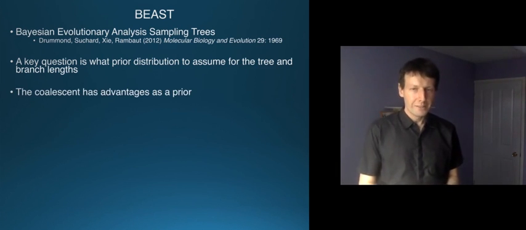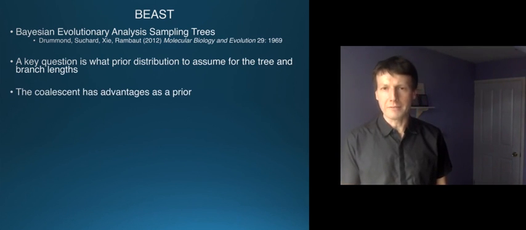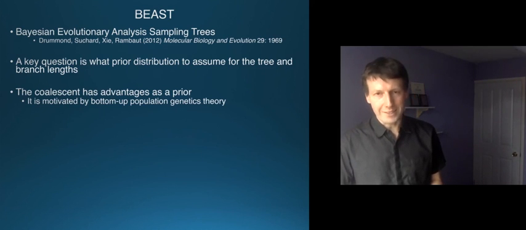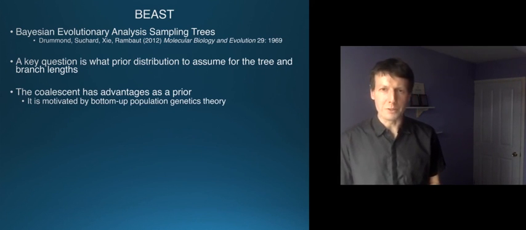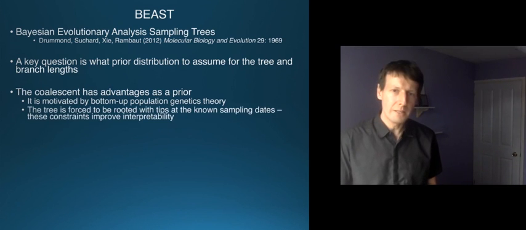To start to bring together the different strands of this talk, the coalescent has advantages as a prior. The coalescent, as explained, is a statistical distribution for trees, so it can act as a prior on trees, their topologies and branch lengths. It's motivated by bottom-up population genetics theory.